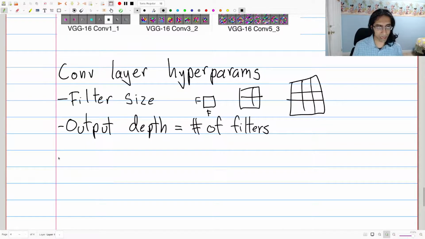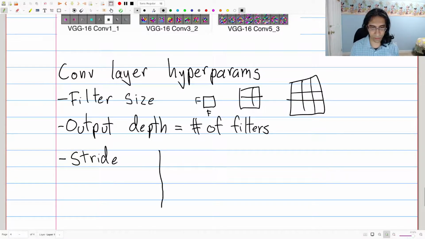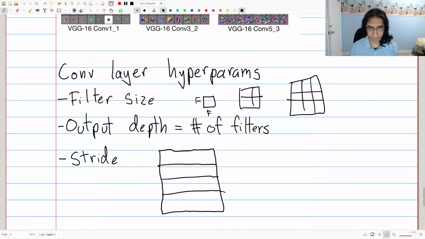Another thing that we have to specify is the stride. This says how far you should slide your filter each time. Let me show you a brief example. Let's suppose we have our input, which looks something like this, and suppose we had just a 2x2 filter.